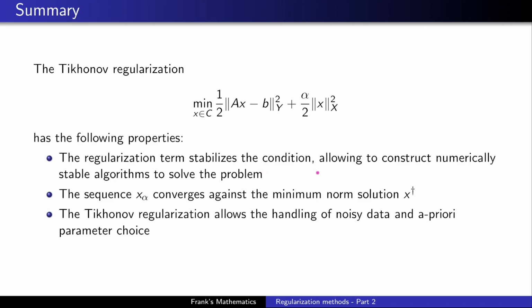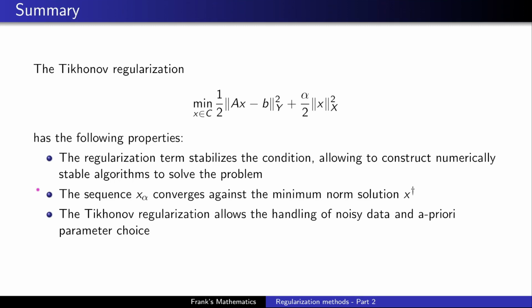But this allows us to construct numerically stable algorithms which solve the first order optimality condition. I have shown you this second part here in the Hilbert space setting, that the sequence x alpha converges strongly. I cannot stress this enough. It converges against the minimum norm solution.